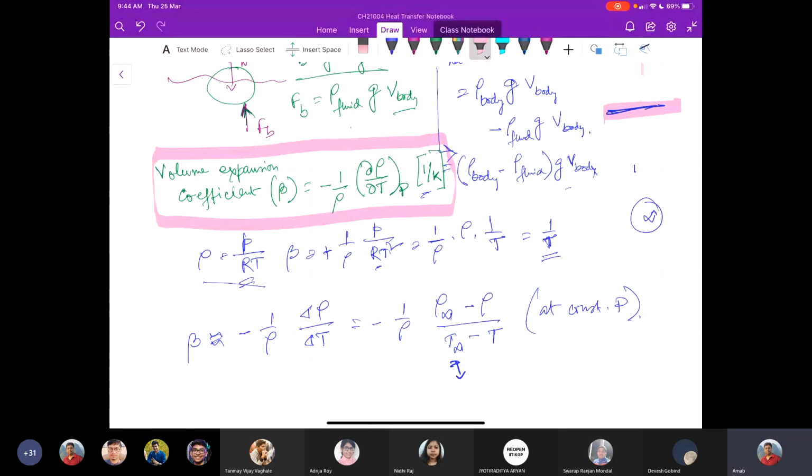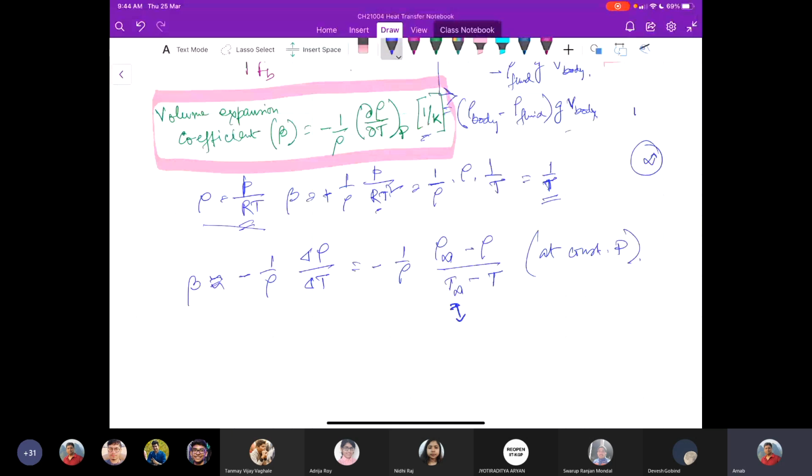So that means now what we can write is that rho infinity minus rho is basically rho beta into T minus T infinity, at constant pressure.